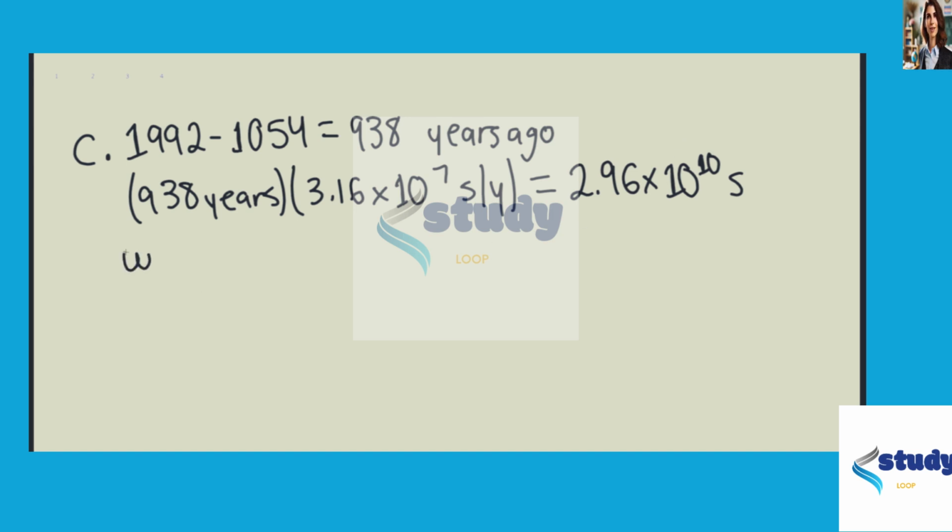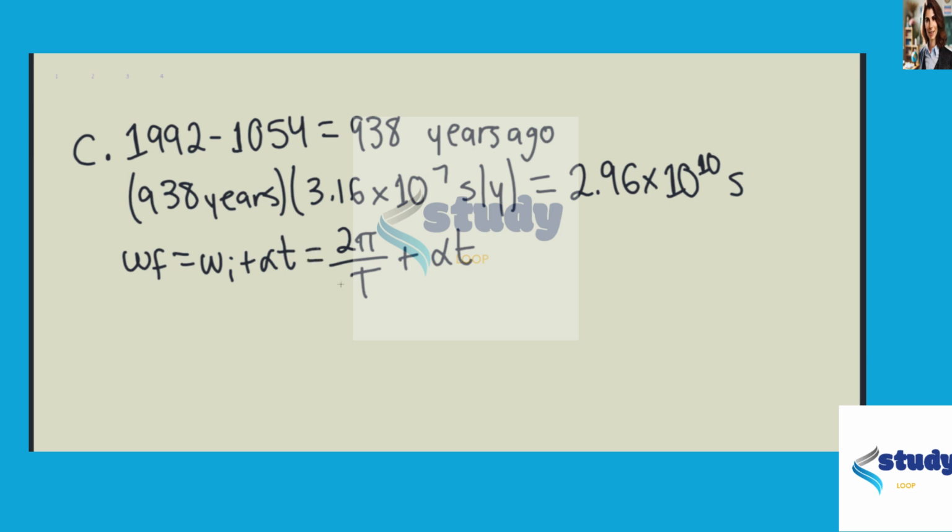So we can say omega final equals omega initial plus alpha t, or rather 2 pi over T plus alpha t.